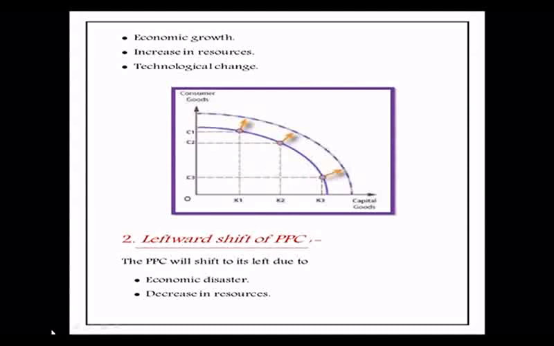Dotted line is showing that PPC is shifting towards right. It means production capacity of economy increasing continuously.